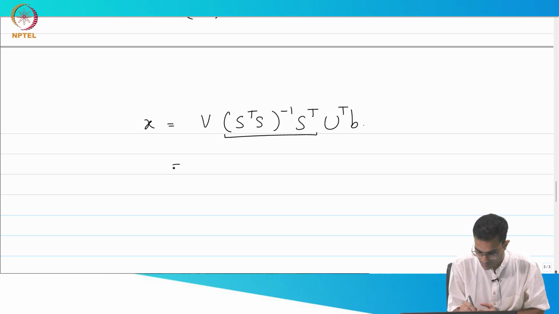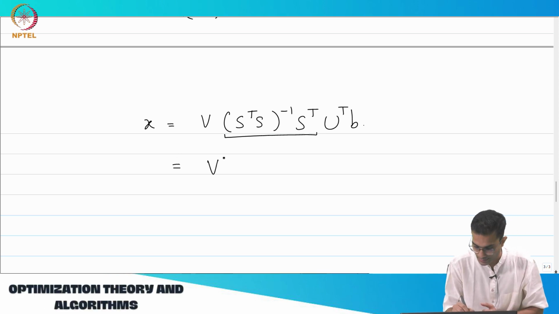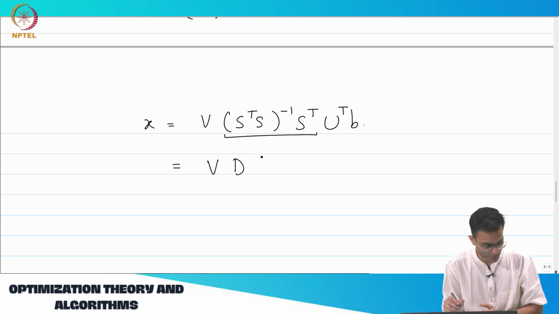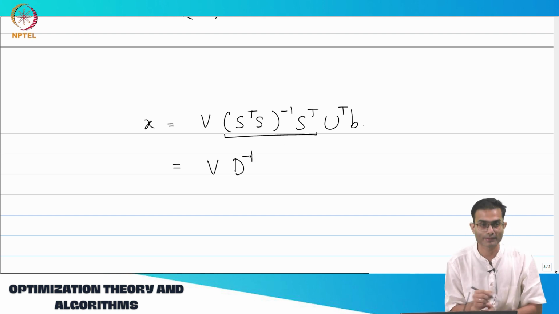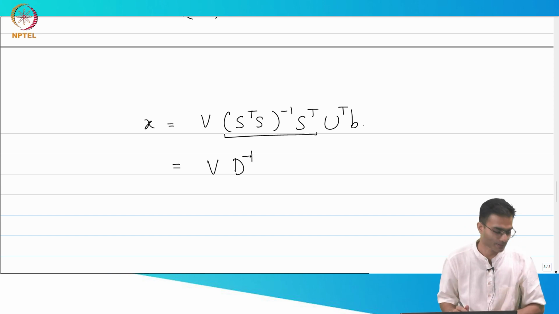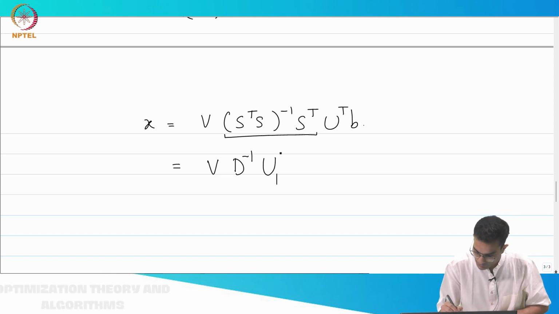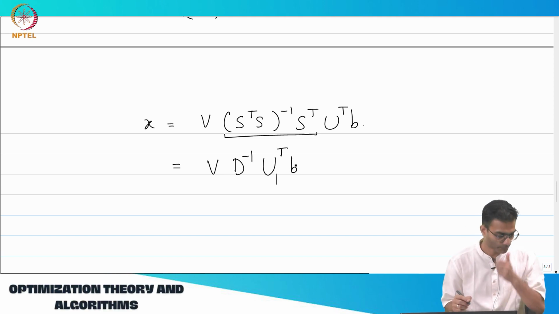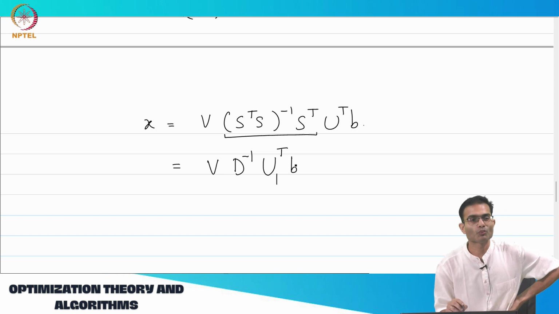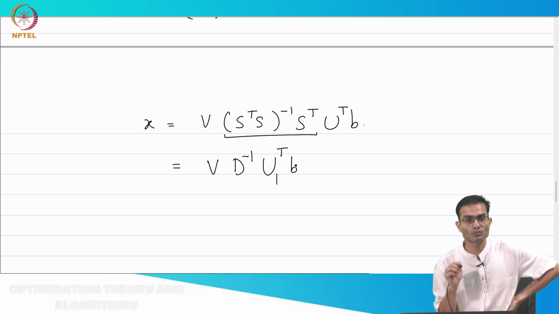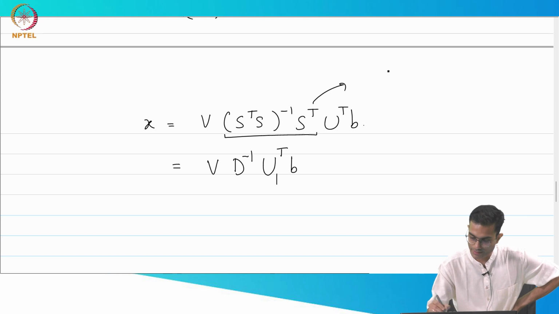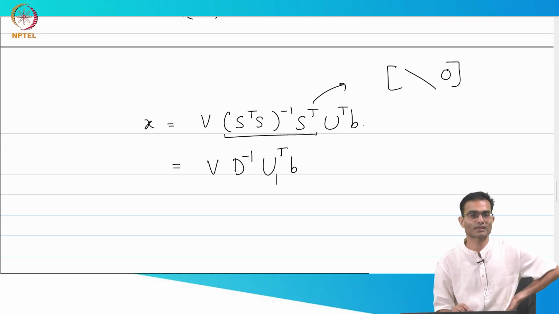So I'm going to write this as V, which remains as it is. This underlined term I'm going to call D inverse, roughly 1 by sigma i. And this I'm going to write in a slightly different notation, U1. Why am I calling this U1? Because S transpose is like this fat matrix.